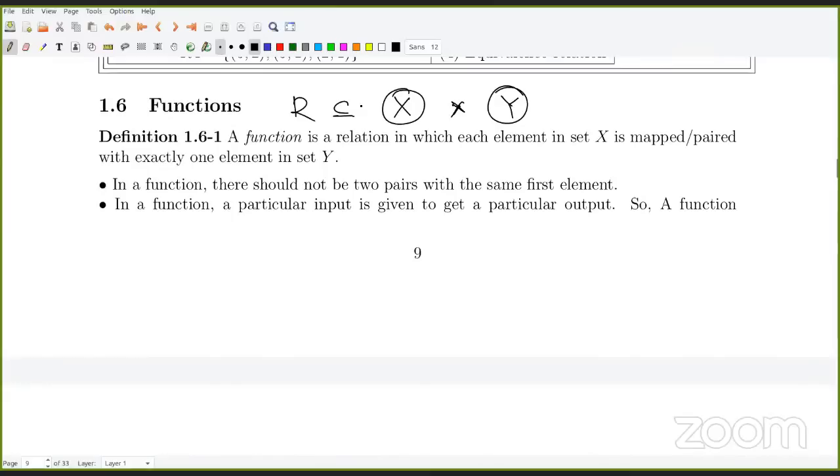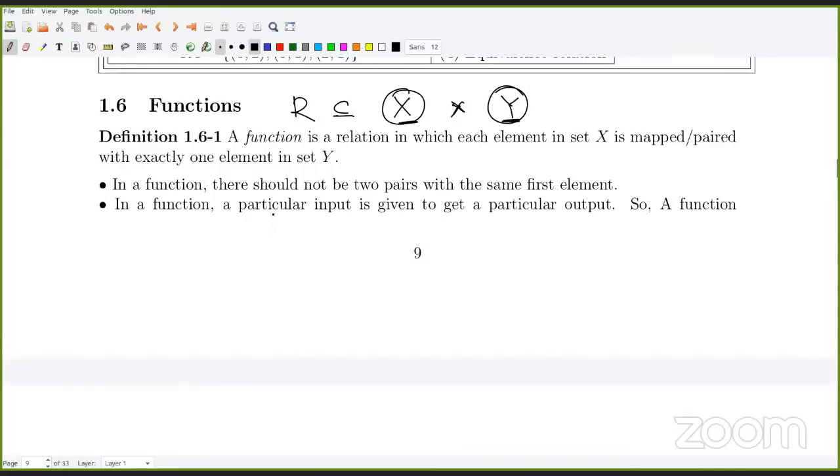Among those relations, if one element in set X is mapped to only one element in set Y, then those types of relations are called functions.